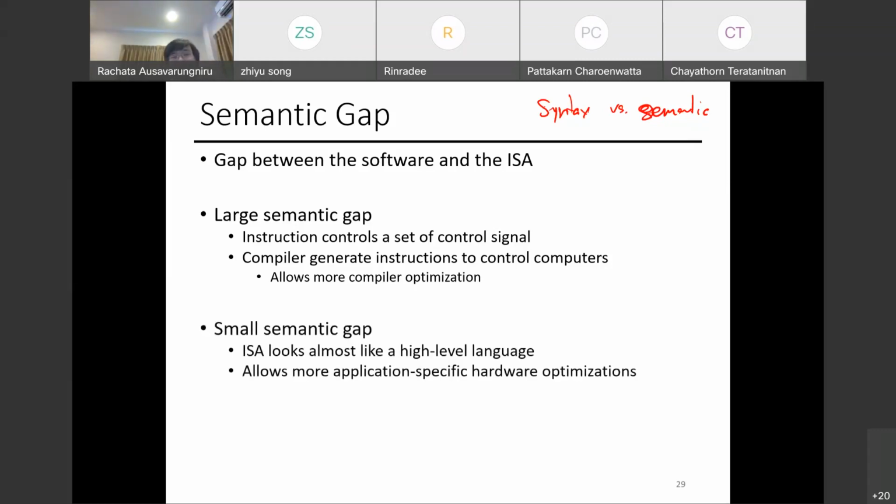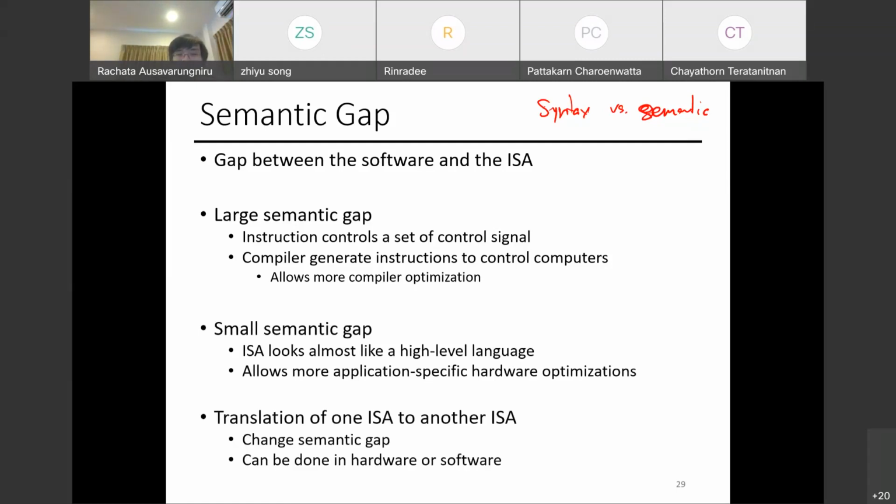A small semantic gap would make the ISA look almost like a high-level language, where you have a lot of application-specific hardware optimization, like dealing with linked lists, dealing with graphs, right? And each time you translate one ISA to another, you change that semantic gap, and it can be done both in hardware or in software.